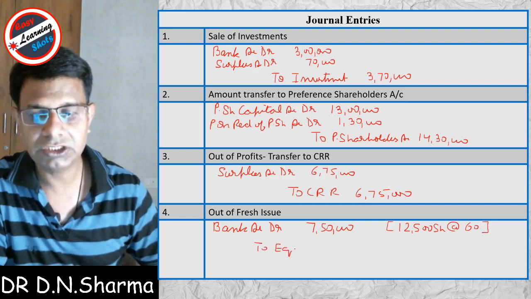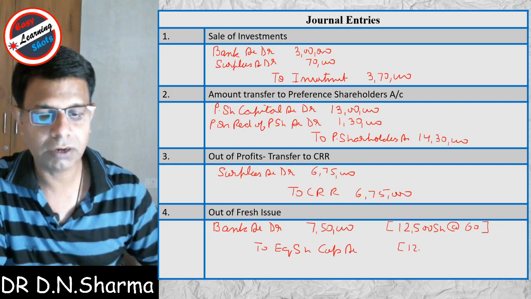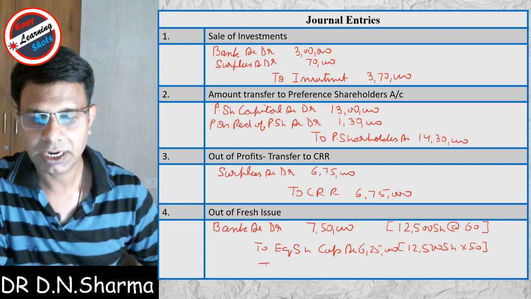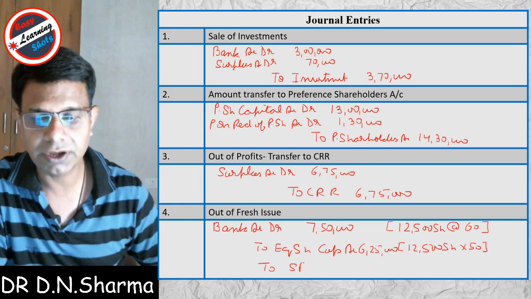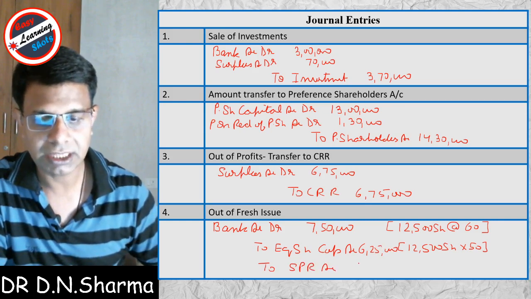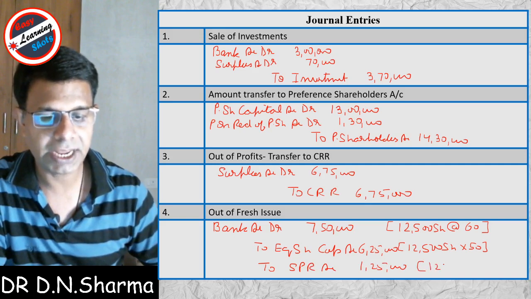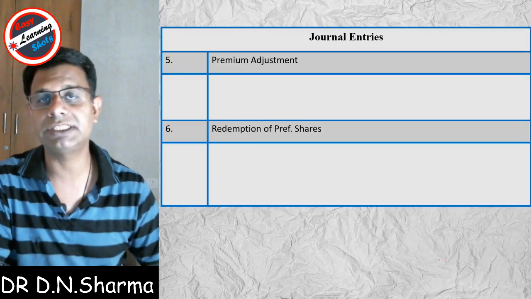Equity share capital account is credited: here 12,500 shares are multiplied with 50 rupees, that is the face value, so 6,25,000, and the profit is credited. So we credit securities premium reserve account, and the amount is 1,25,000, which we get by multiplying 12,500 shares with 10 rupees each.